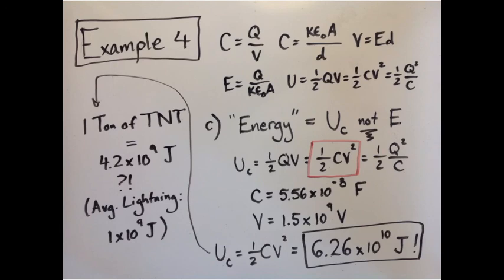Okay, so it's actually on average only about a fourth of the energy of a ton of TNT. So maybe something was wrong about my setup in the problem. All right, that's entirely possible. Or maybe there's some other assumption that we're making that's incorrect. But still, that's really not that far off. We're only off by roughly a factor of 10. So yeah, lightning strikes contain an enormous amount of energy.